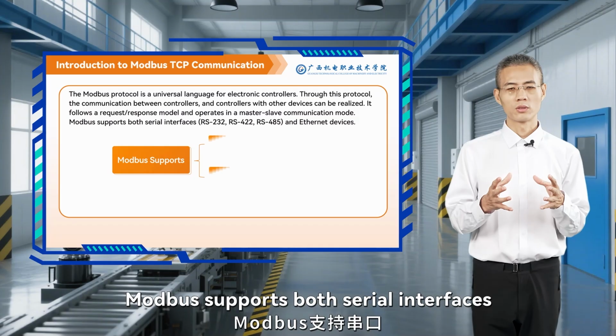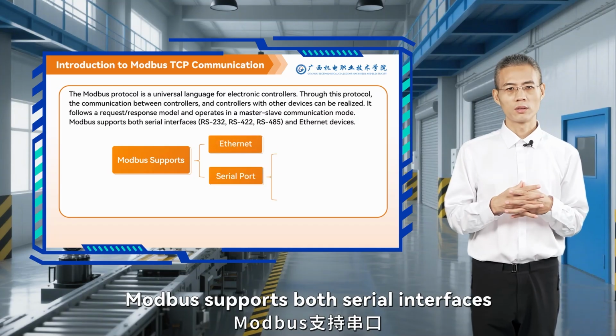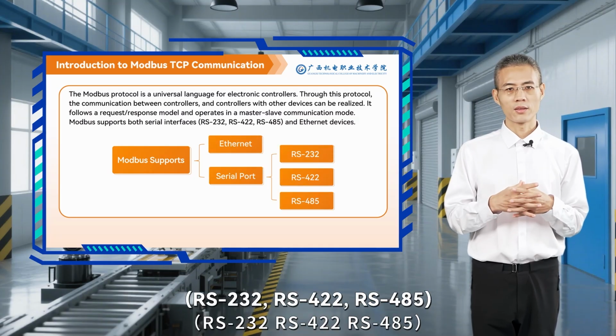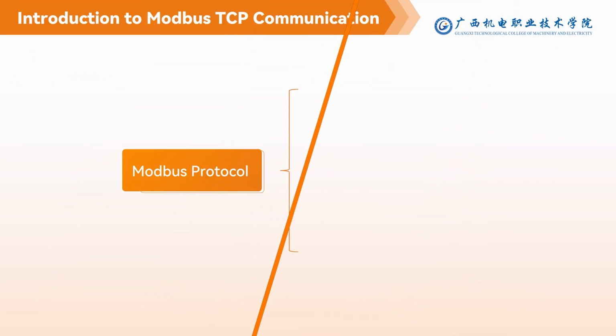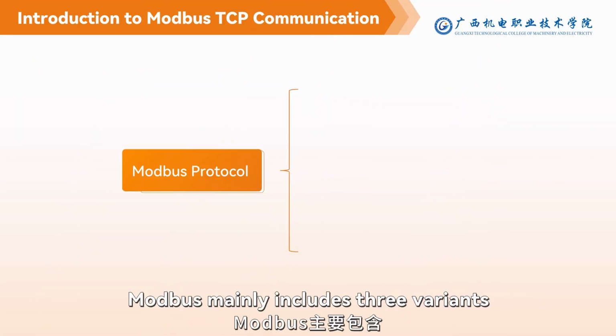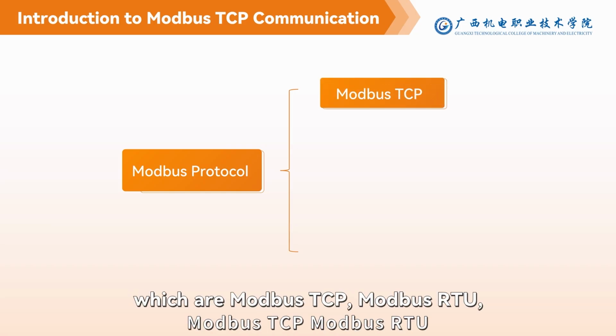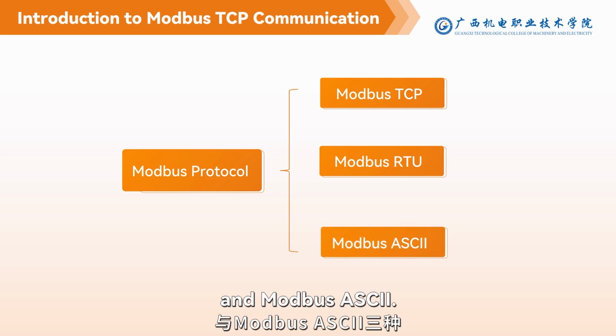Modbus supports both serial interfaces and Internet devices. Modbus mainly includes three variants, which are Modbus TCP, Modbus RTU, and Modbus ASK.